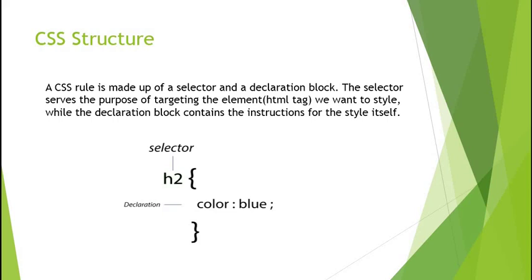So in essence, the selector targets either an HTML element or tag or even IDs or classes. We select that element, then we are able to use CSS to bring colors, to bring arrangement, to style it, and that's why it's called cascading style sheet, to style it in such a way that it brings meaning and life to our web page.